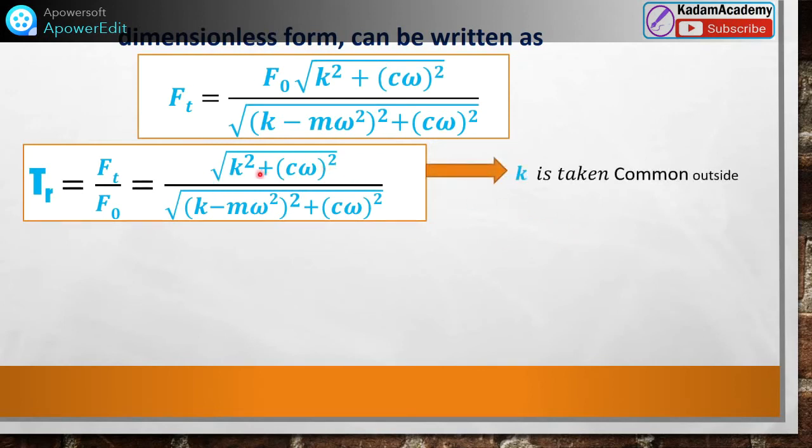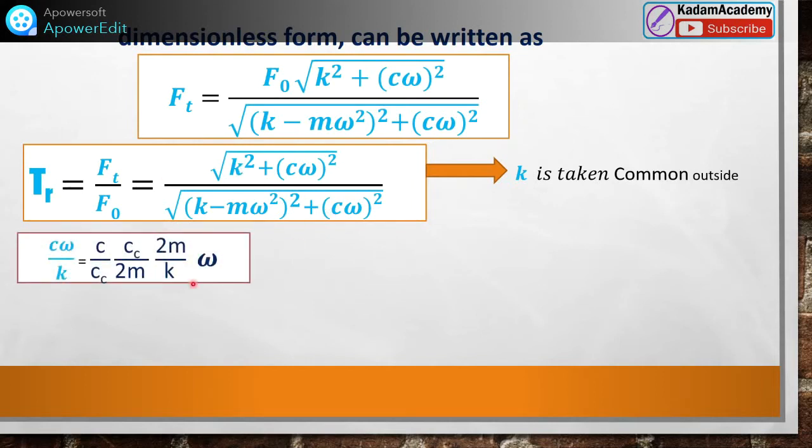If we take k outside in the numerator and denominator, what will be here? 1 plus, you can see, and here C omega by k remains. Just putting in this relationship that I have already studied, this C omega in between those two terms is introduced, C omega by k.